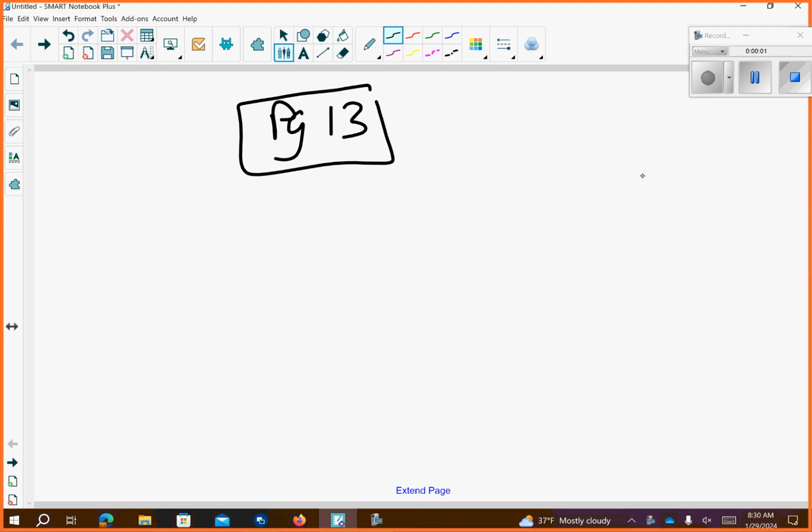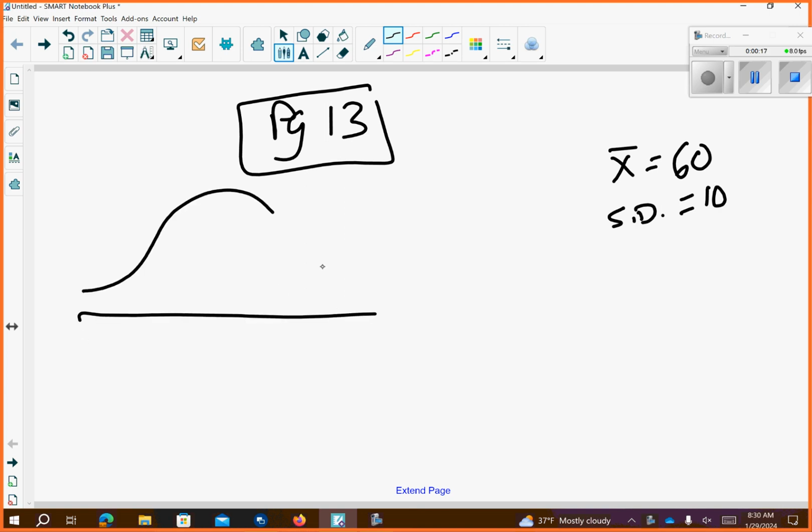So we've been able to work things where we have a mean, let's say we have a mean of 60 and a standard deviation of 10. I believe you all are okay with drawing this out?